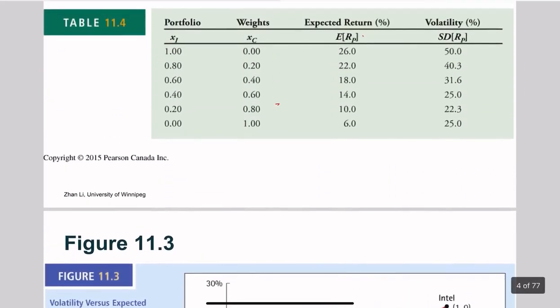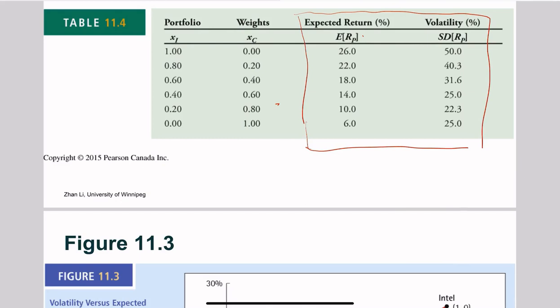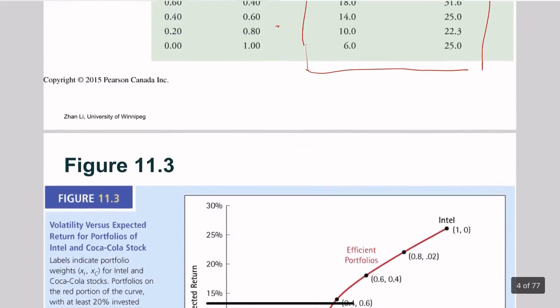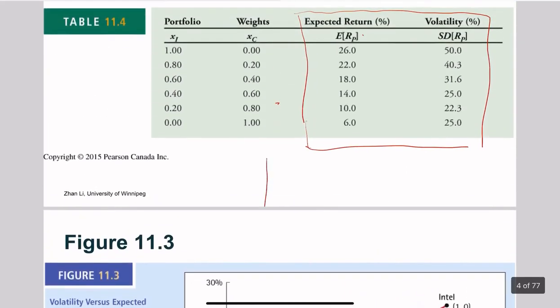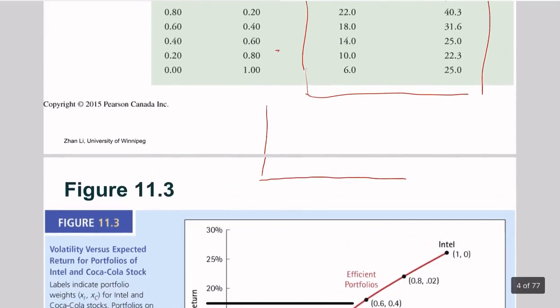Okay, so after solving the return and volatility, let's focus on these two columns. Next, we will draw these expected returns and volatilities, and then we will find out we could connect these dots, and then we could get a certain type of curve. So let's say the horizontal axis is given by volatility.